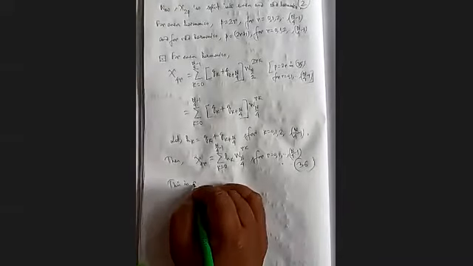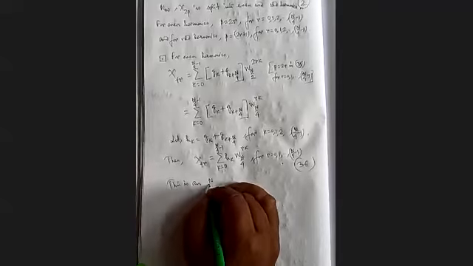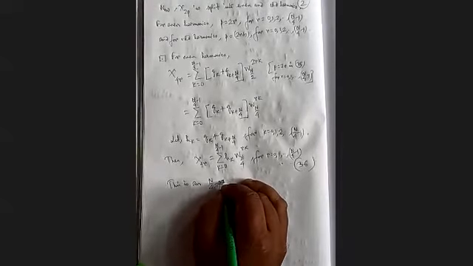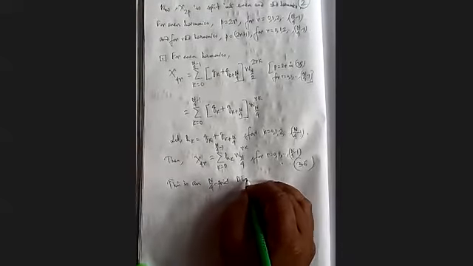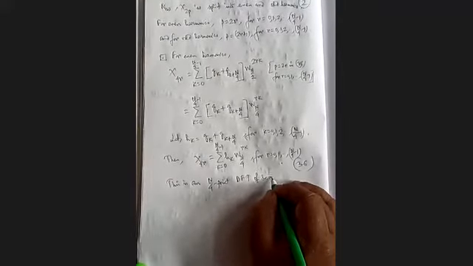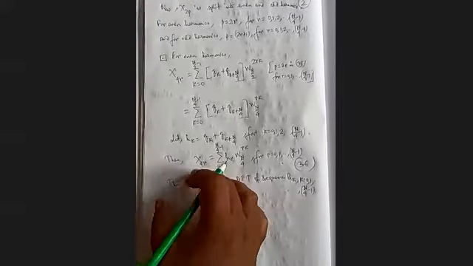So this is an n by 4 point DFT of sequence Hk, where k is 0, 1, 2 up to n by 4 minus 1. So this is the even harmonics. For even harmonics we are getting this.